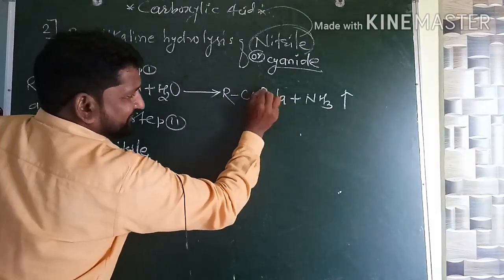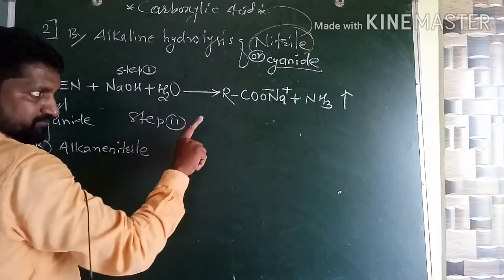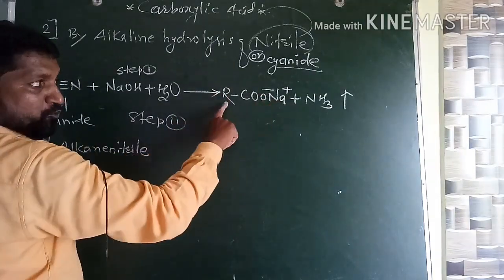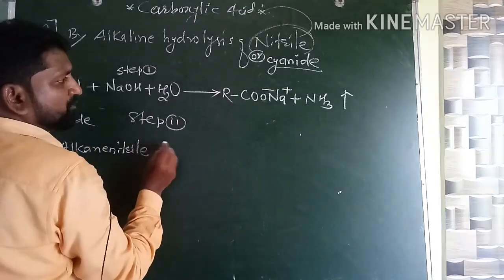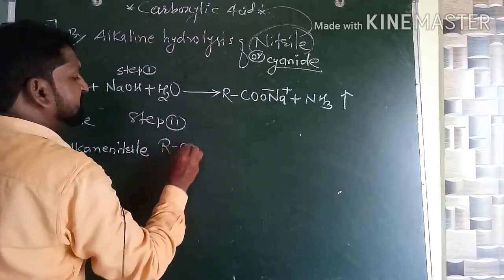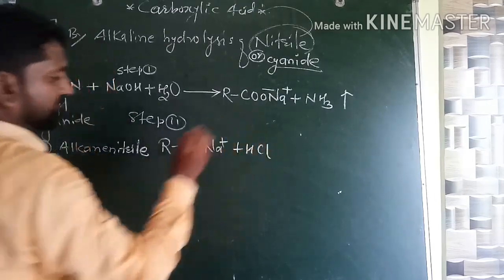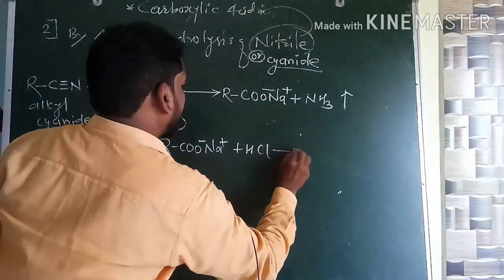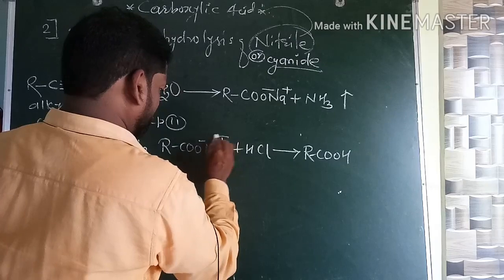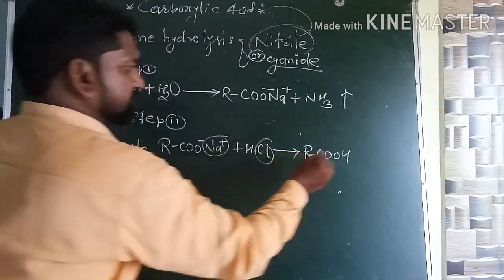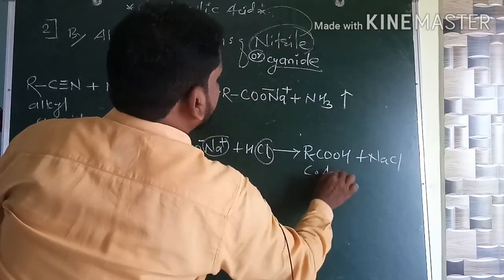This is actually a salt, sodium carboxylate, sodium alkanoate; we don't know which acid is there. This carboxylic salt RCOO-Na+ reacts with an acid like HCl, and there is formation of the corresponding carboxylic acid. The sodium joins with Cl and we get NaCl. This is your carboxylic acid.